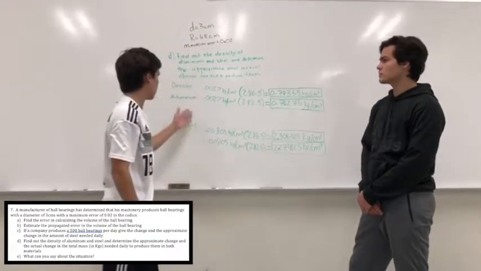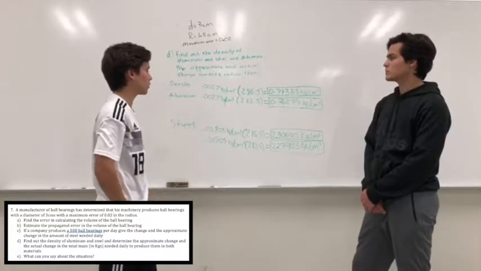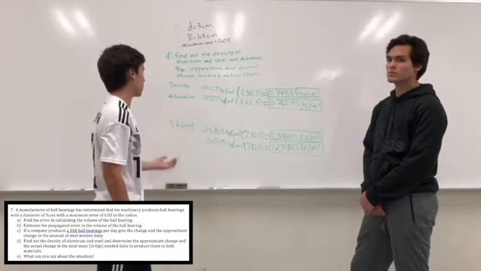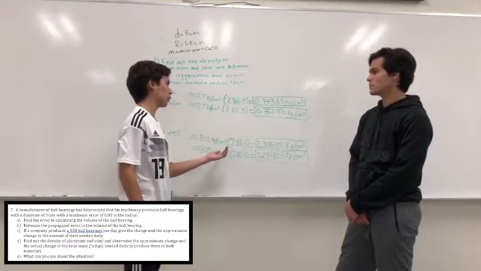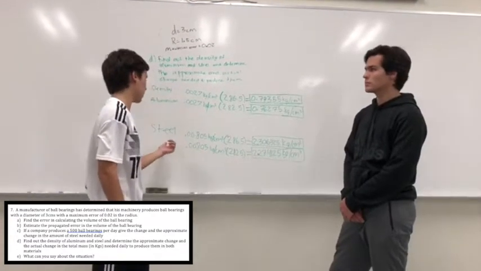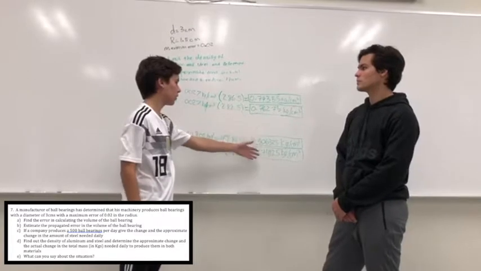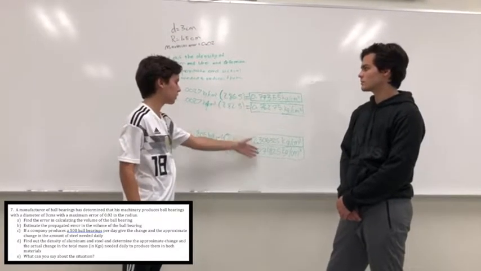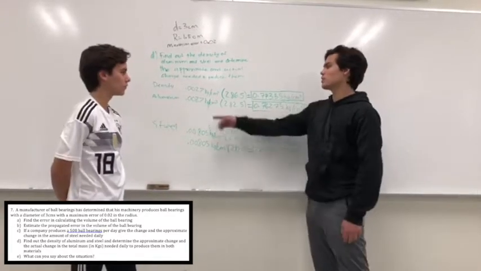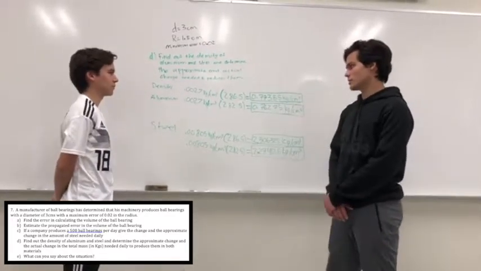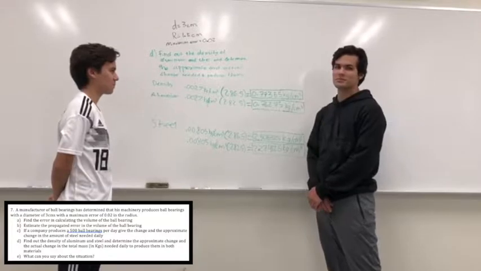And as we can see, producing them in aluminum would be much cheaper because buying 1 kilogram of aluminum would be a lot cheaper than buying 1 kilogram of steel. As you can see here, there is a pretty big difference in the numbers. We needed to change it to kilograms because the question asks us to.